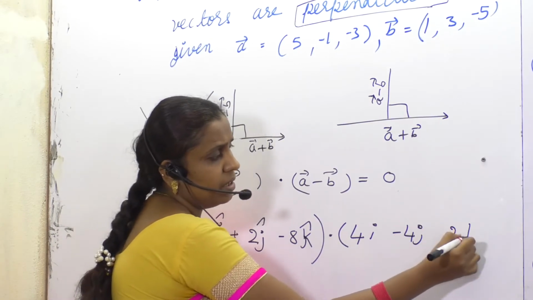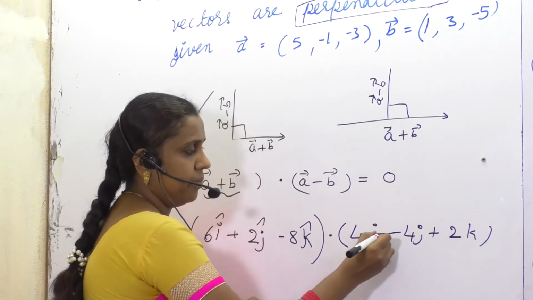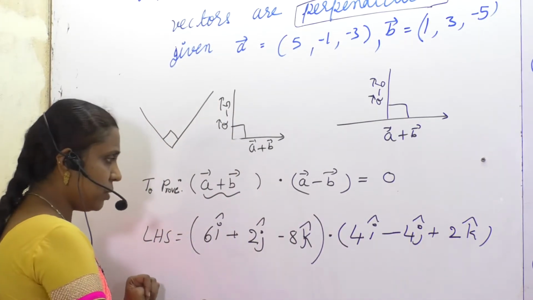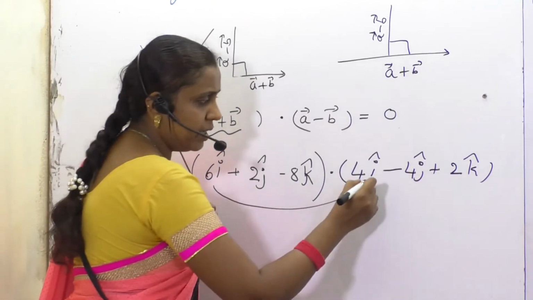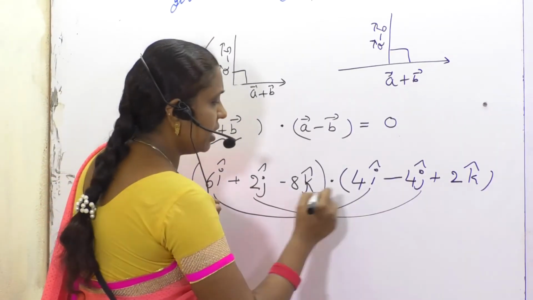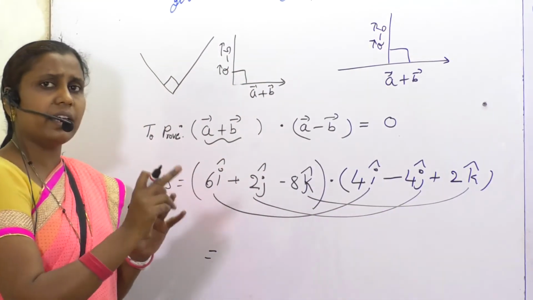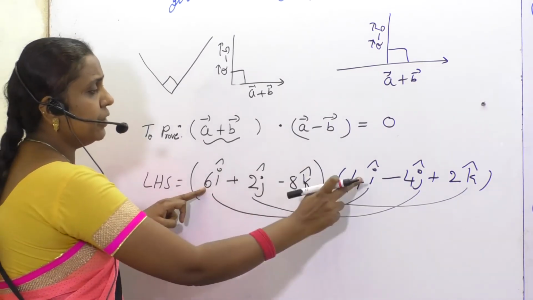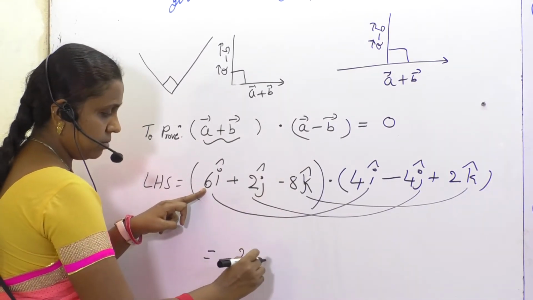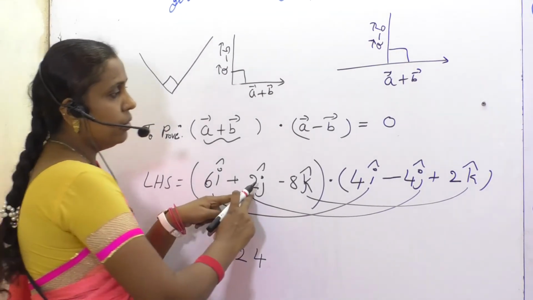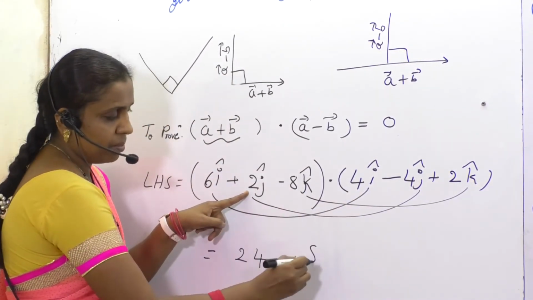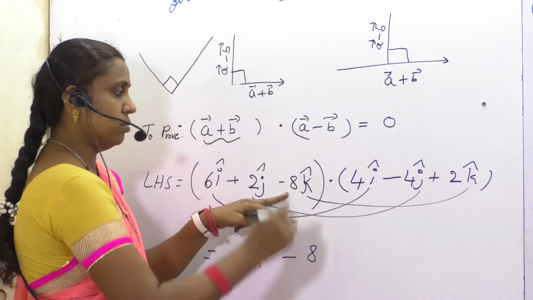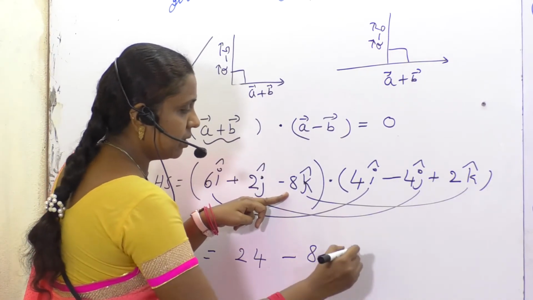I, J, K. Since it is the dot product, you are already aware of what to be done: the combinations I with I, J with J and K with K only. I with J, I with K will not exist, it goes to 0. 6 into 4 is 24, 2 into minus 4 is minus 8, minus 8 into plus 2, 8 2s are 16 with minus sign.